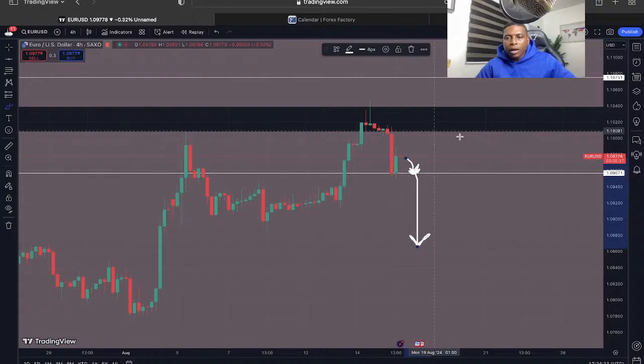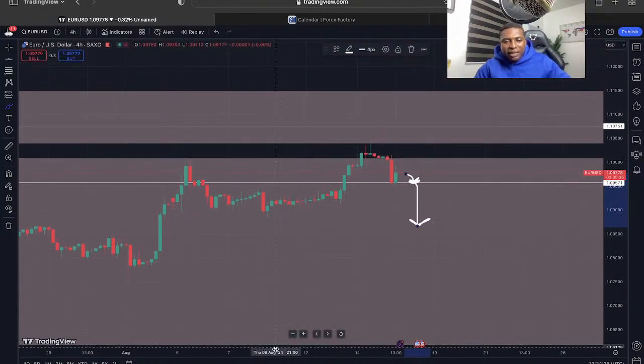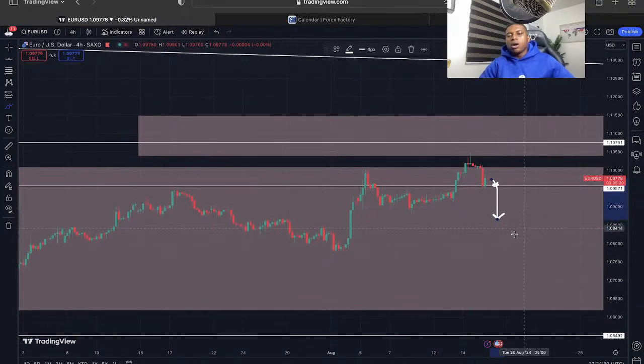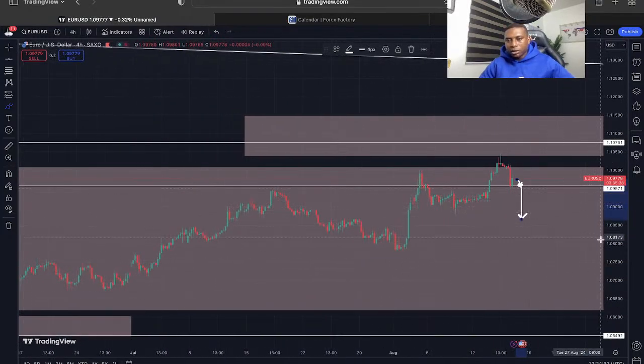However, I would also have my stop loss at the next resistance zone. I do more of intraday trading.